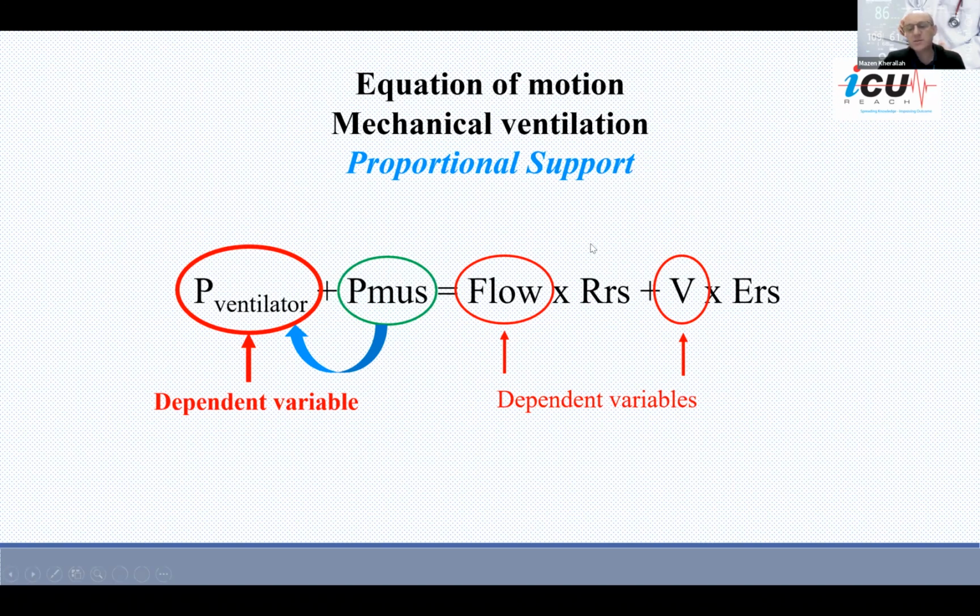If the resistance is increased or the elastance is increased, the patient is going to utilize more pressure in order to generate the volume that he needs for himself. And at that time, the machine will sense that this patient is generating more pressure. And the way the machine senses this is by looking at the flow. Because if the patient is generating more pressure, it's going to generate more flow. The machine senses that and will give the patient more pressure to help decrease the work of breathing.